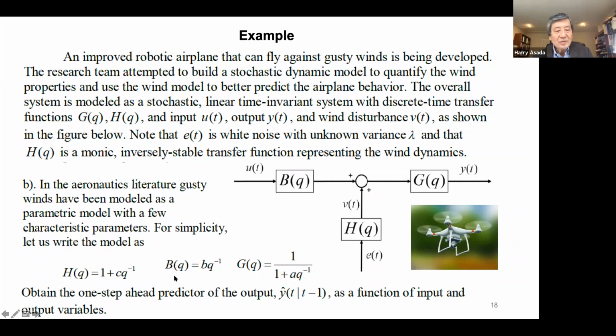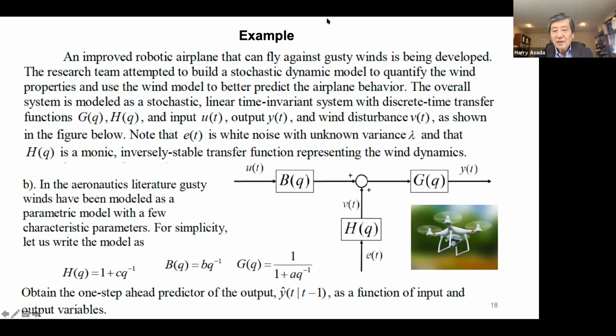The question is to obtain the one step ahead predictor of the output, y(t|t-1), as a function of input u(t) and the output y that we can observe, y(t-1). And also, maybe we'd like to know the prediction of v(t) so that the airplane or drone can handle the gusty wind in a better way, all right? So let's look at that.